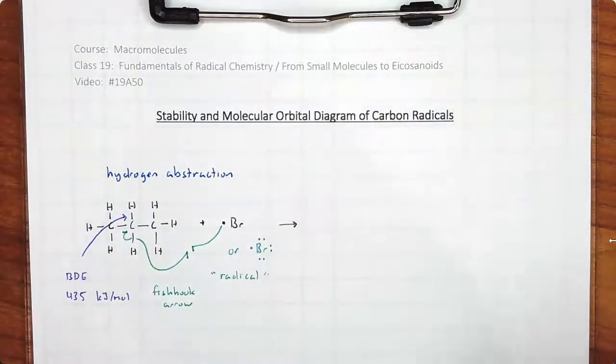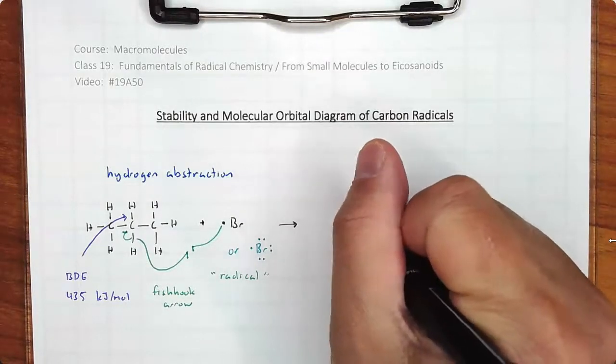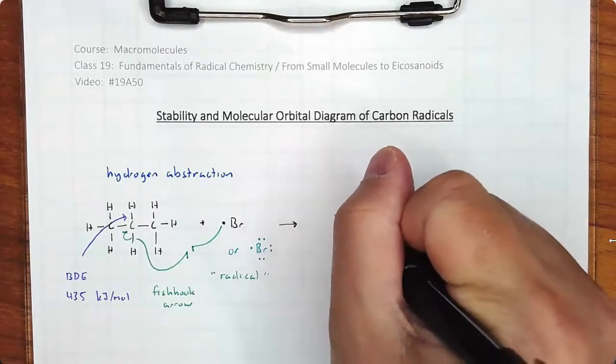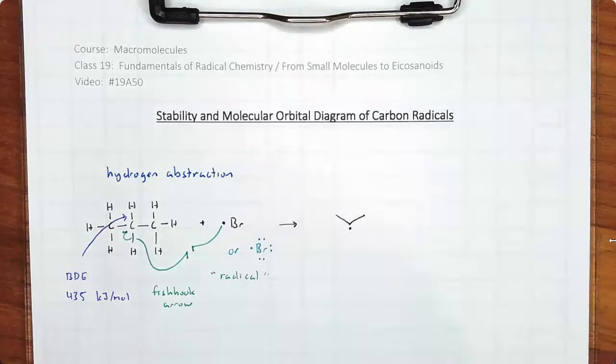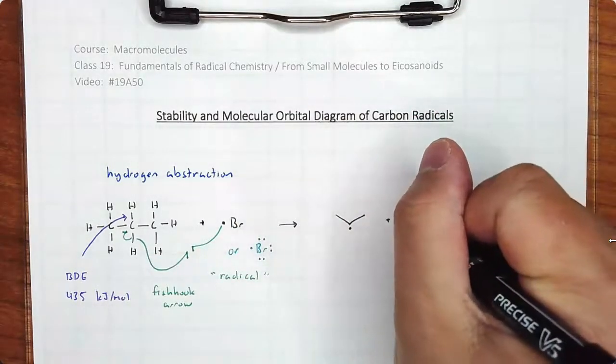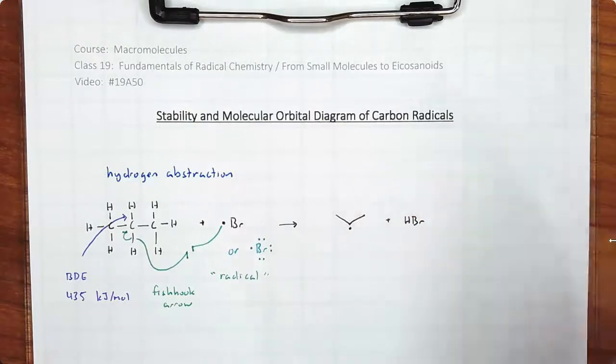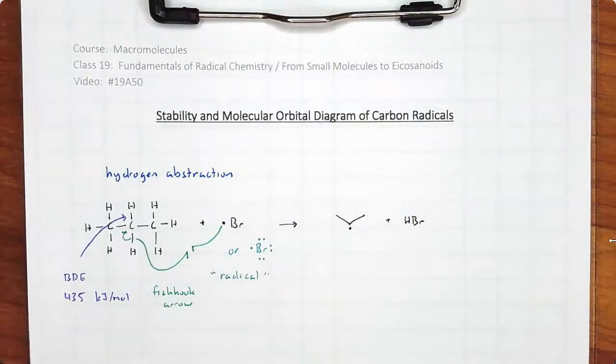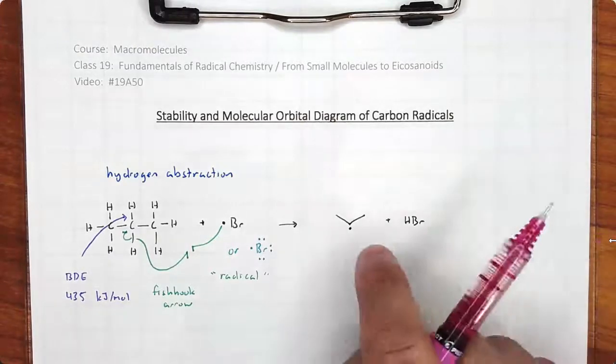And when you draw the result, you should have a radical at this carbon, and that bromine bonded with hydrogen to make HBr. So there's your carbon radical, and the carbon radical also is neutral.